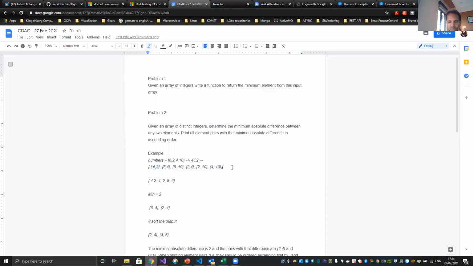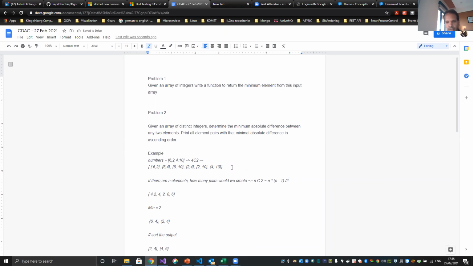So if there are n elements, how many pairs would we create? The answer would be NC2. And you know the formula of NC2? It's n times n minus 1, the whole thing divided by 2.